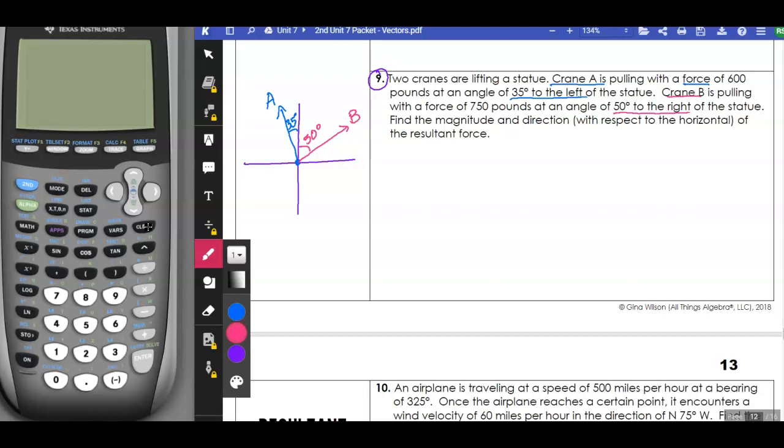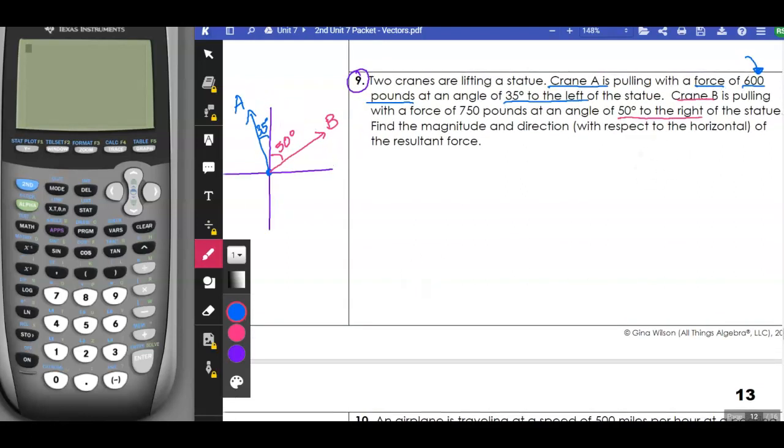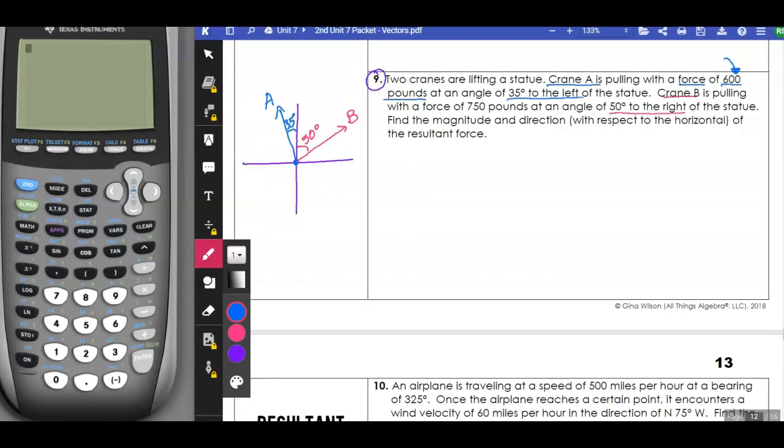So it's asking us to find the resultant force. Remembering force is a vector, and knowing that 600 pounds for crane A is crane A's what? What does this number represent? If we know there are two things that create a vector, magnitude and angle, then yes, it's our magnitude.